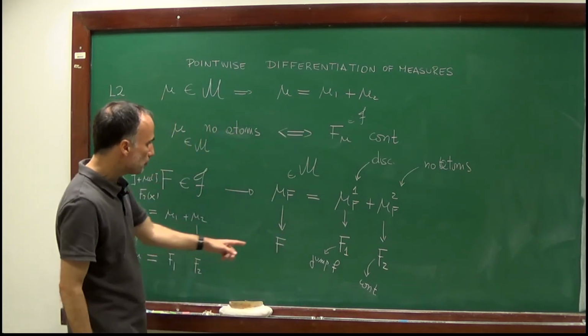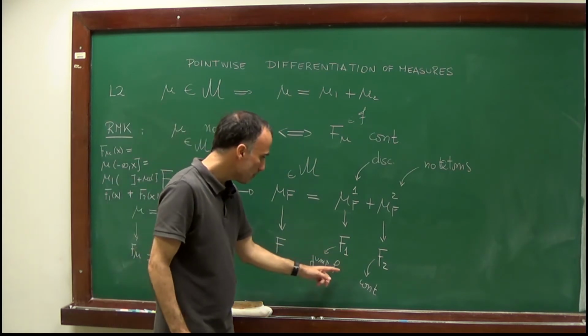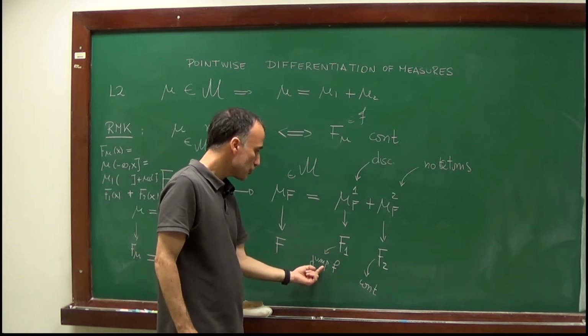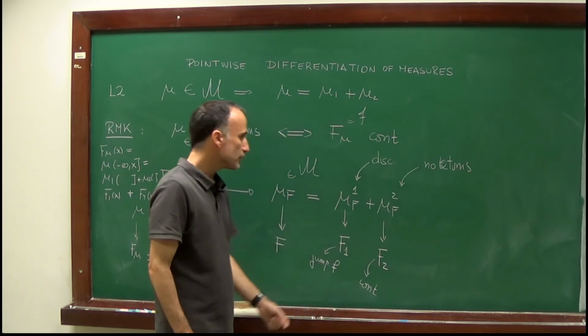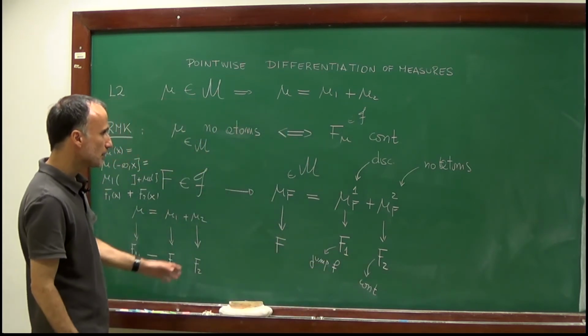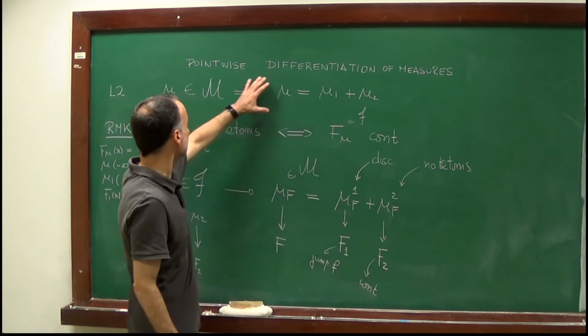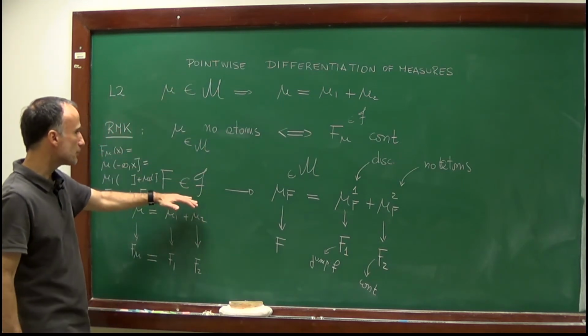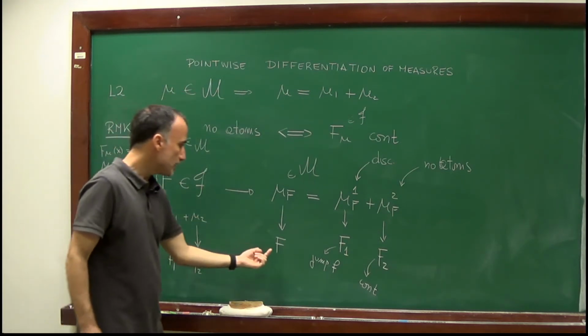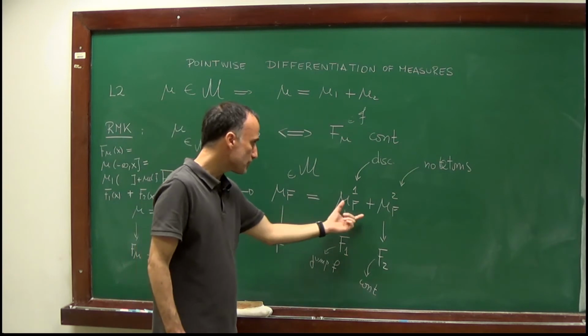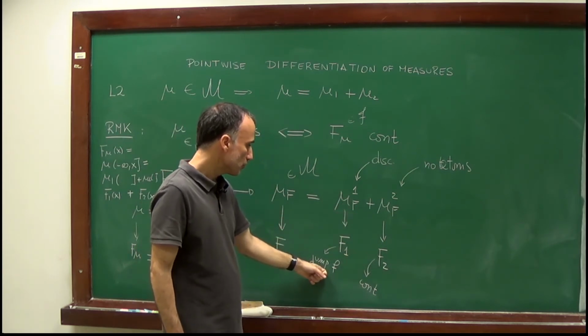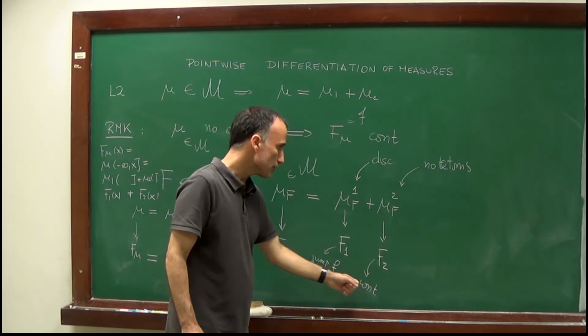And therefore, we proved that f can be written as the sum of a jump function and a continuous function, right? So this lemma, translated to functions, tells us that any monotone function can be written as the sum of a pure jump function and a continuous function.